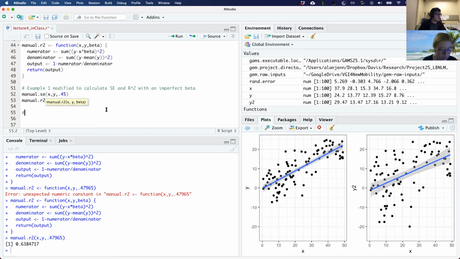And I'm going to compare that to example 2 with the perfect beta. Or I shouldn't say perfect, with the true beta value, and calculate standard error and r².